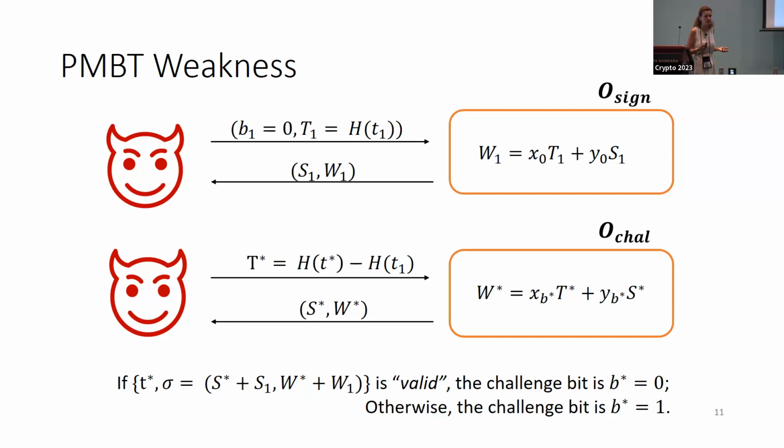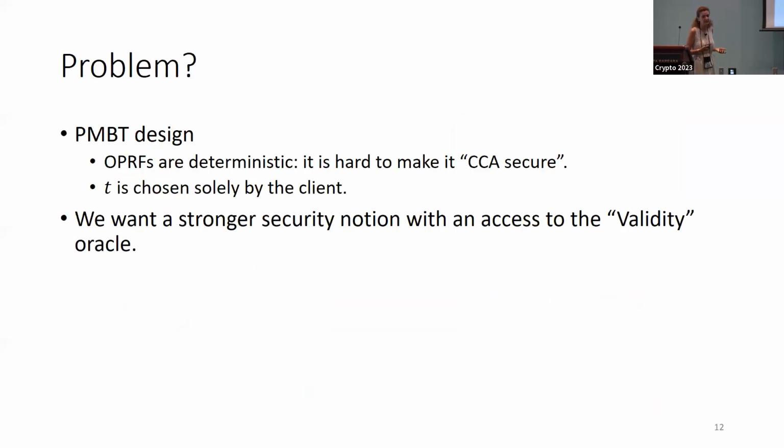And the question is whether we can do that, how we can do that, and what is the problem to solve first. The first thing that we identified is that these oblivious PRFs are deterministic primitives. And what the PMBT protocol is trying to do here is to randomize a deterministic primitive, which is very difficult.